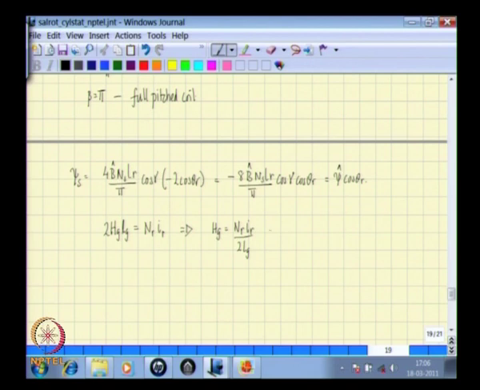This is in the air gap, and therefore we know that this is equal to B hat divided by mu naught, and therefore the expression you have is B hat equals mu naught Nr into Ir divided by 2 times Lg.